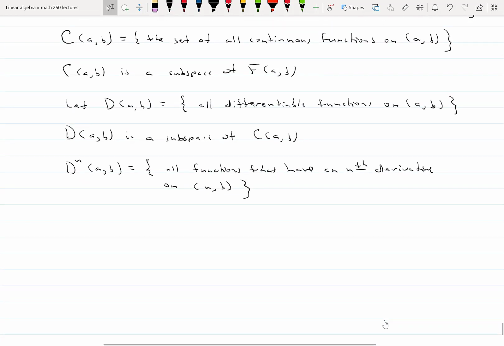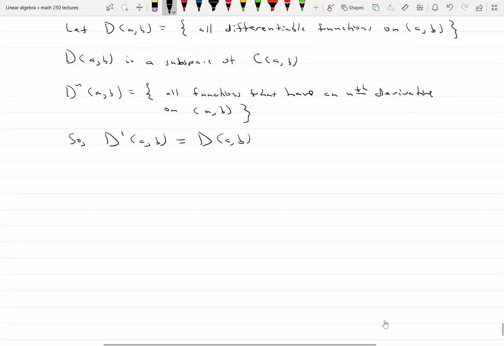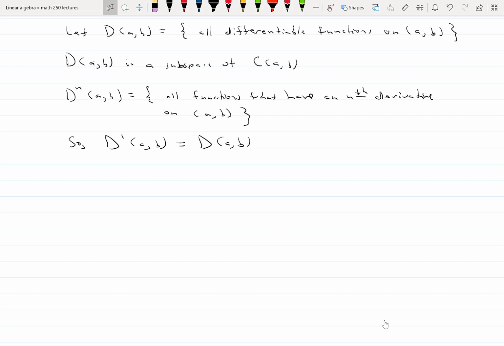So with this notation, D1 of AB is just D of AB, the set of all functions that have a first derivative on AB, that's the set of all differentiable functions. A set D5 is a very restrictive set. It has guaranteed up to the 5th derivative.